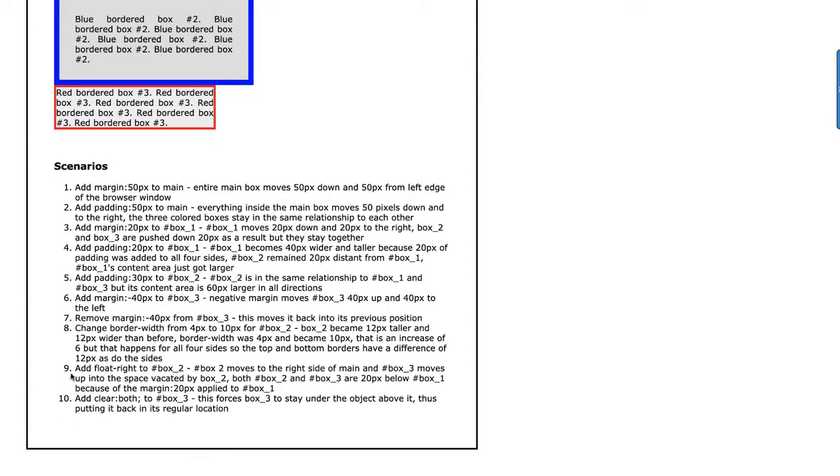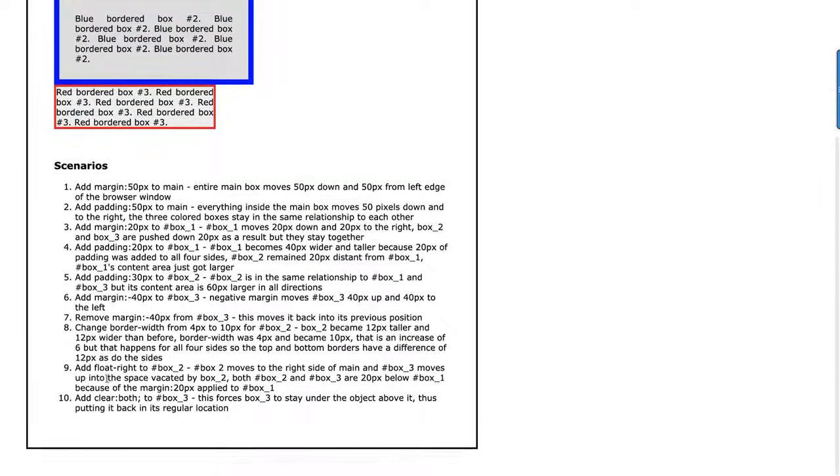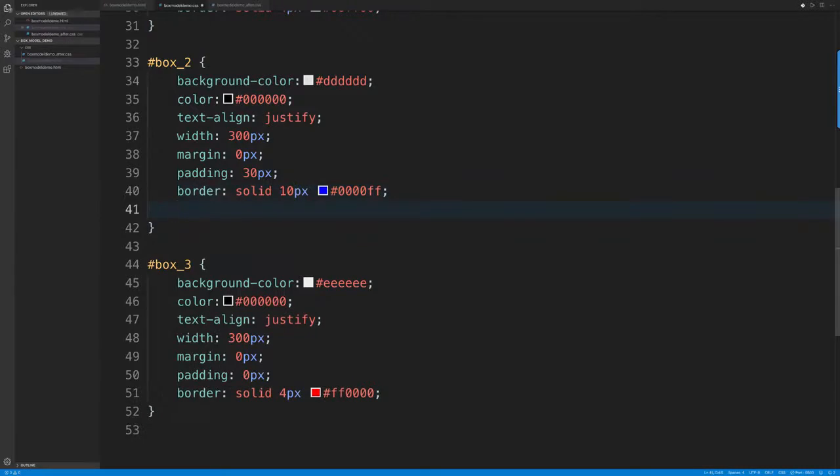All right. So check this out. Step number 9. Add float right to box number 2. Okay. So here's what we have now. Now, again, add float right to box number 2. So box number 2, let's just add a new property, float right and semicolon. And if we go back, oh, look at that.